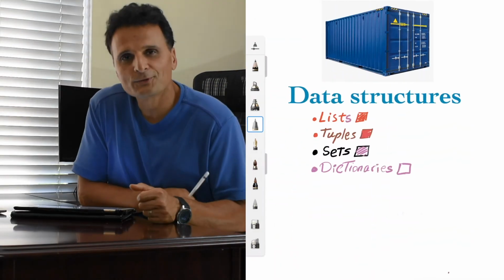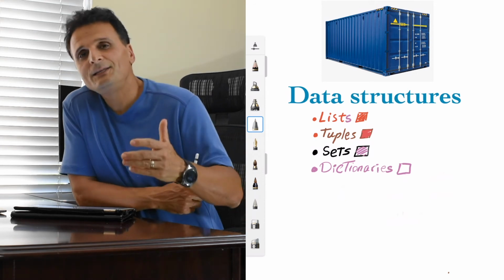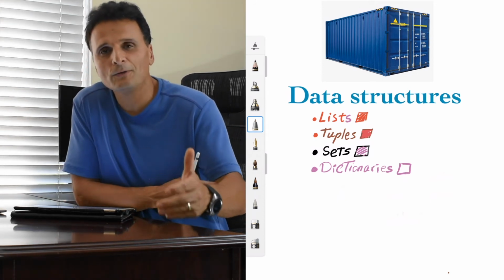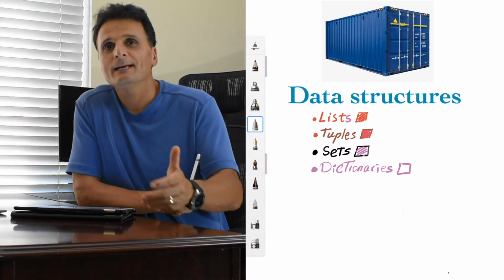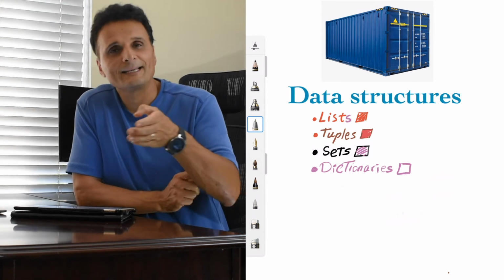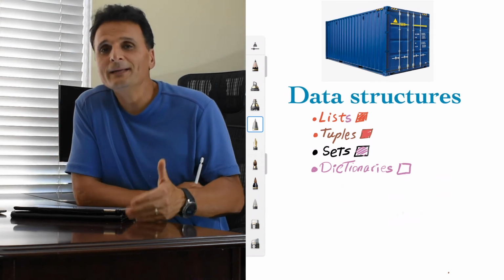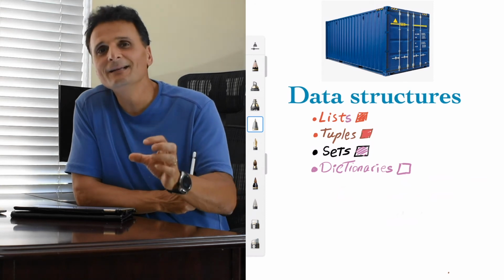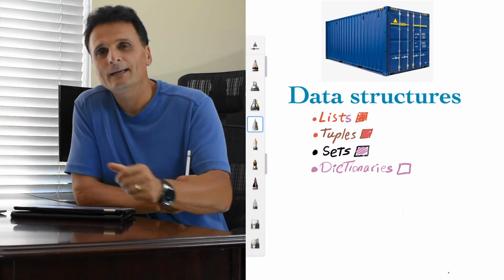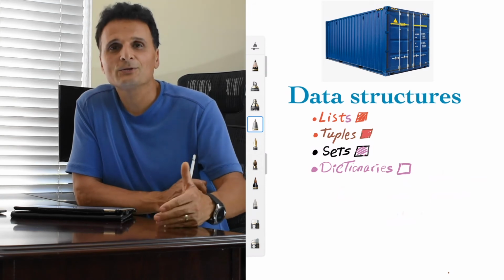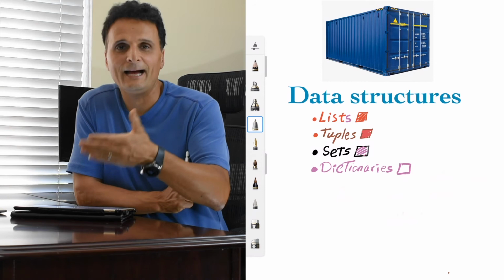Our next data structure is dictionary. In Python, dictionary is an unordered collection of items, where each item in the dictionary has a key and value pair. Rather than storing a single object like lists and sets do, dictionary stores a pair of elements, key and value.